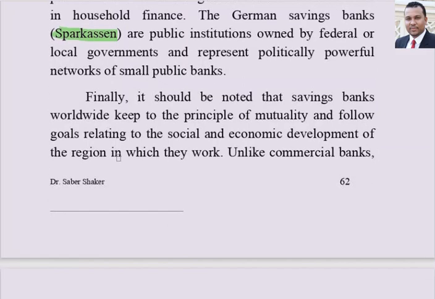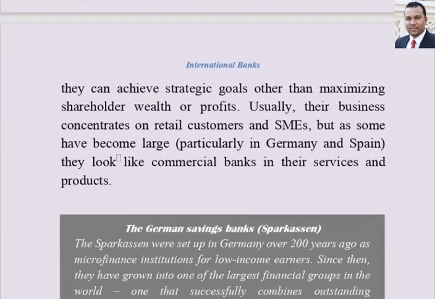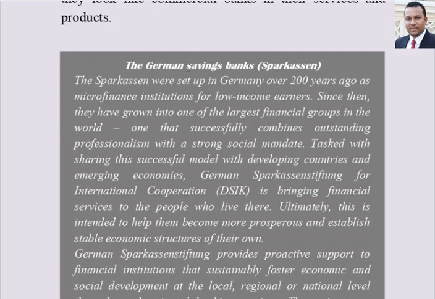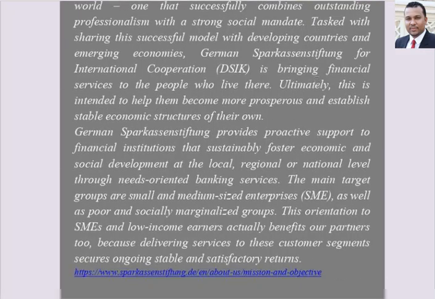The same for the UK. As we explained, the main goal for these saving banks is to encourage SMEs, small and medium enterprises. So this is a case study for German saving banks, Sparkassen, which were set up in Germany over 200 years ago.